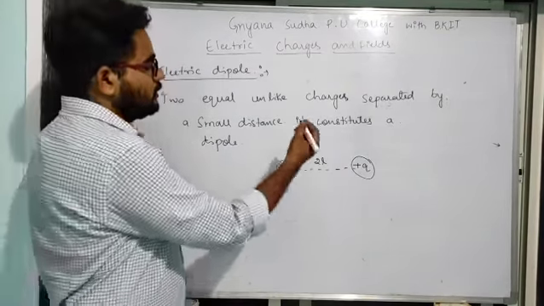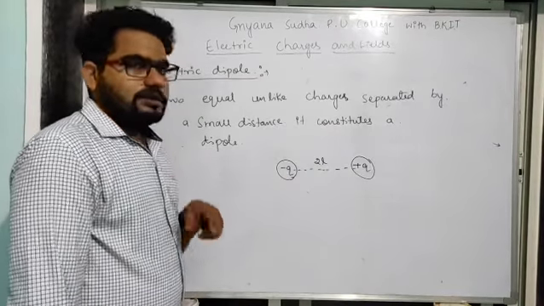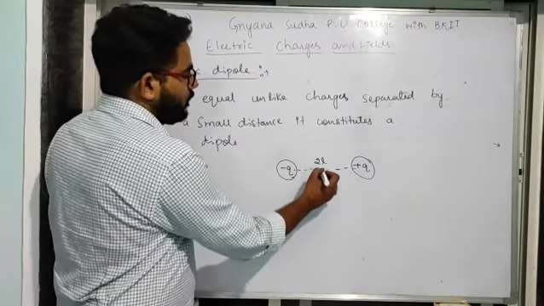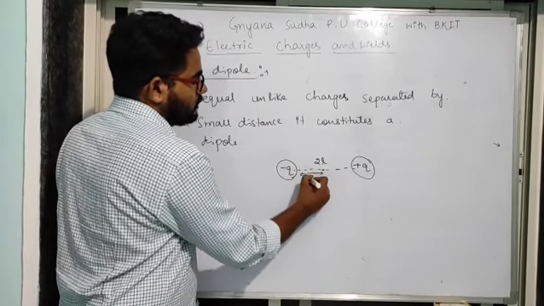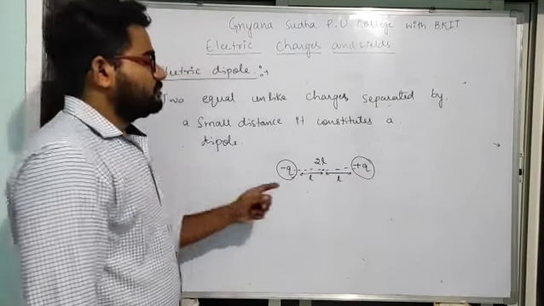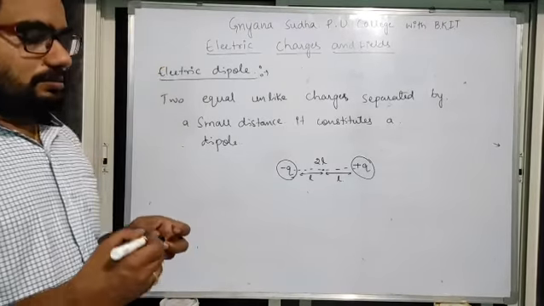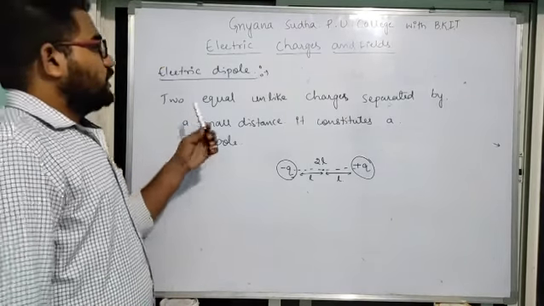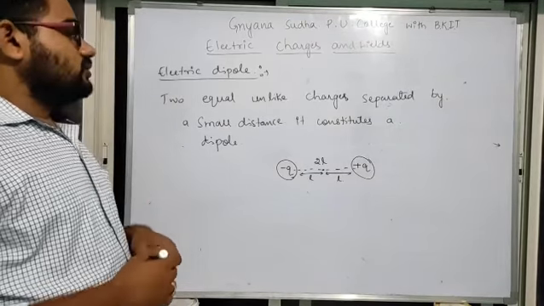But it is very easy to take 2L. Now this length is L and this length is L. So the dipole is measured from the middle. Two equal unlike charges separated by a small distance constitute a dipole.